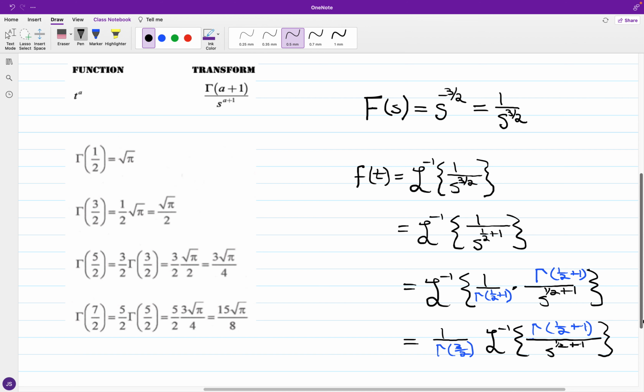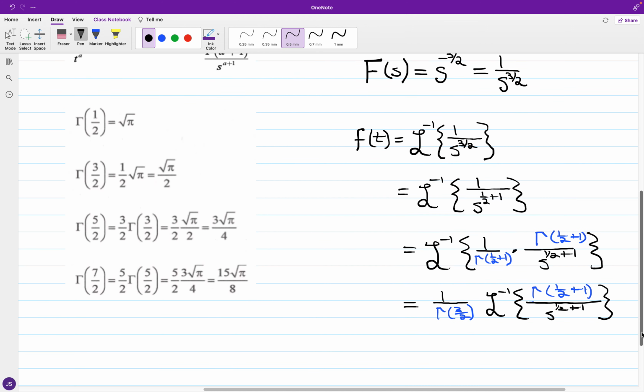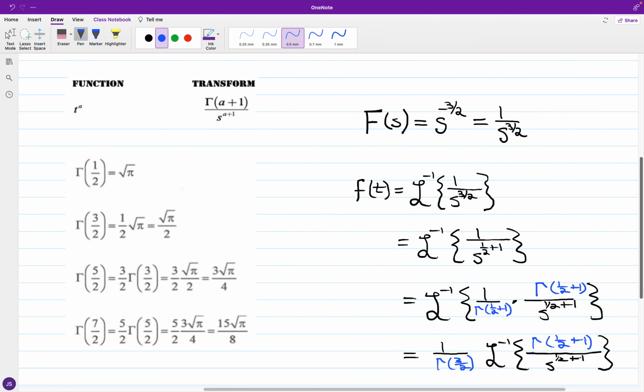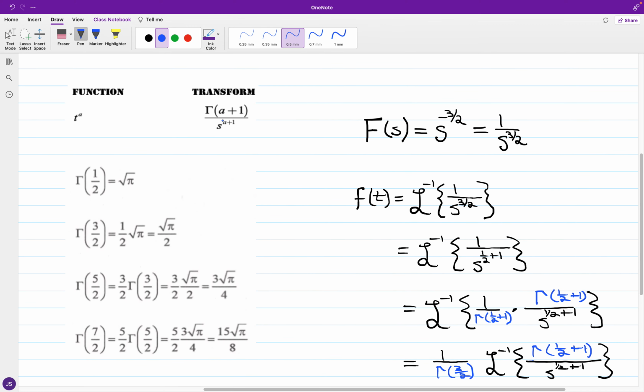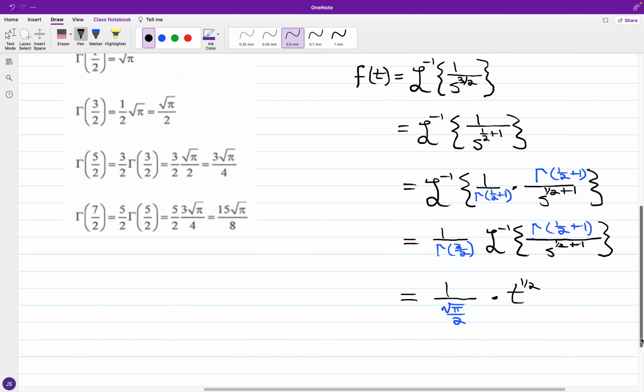And a couple of things here. If you notice, gamma of 3 halves is going to be the square root of pi over 2. So right now I have 1 all over the square root of pi over 2. And for the inverse Laplace of gamma of 1/2 plus 1 all over s to the 1/2 plus 1, well, guess what? Your function is going to be t to the a. With a at 1/2, the inverse Laplace transform of this portion is going to end up at t to the 1/2.